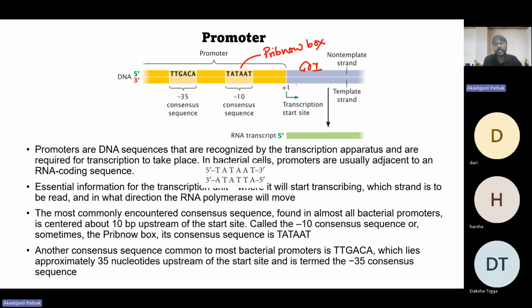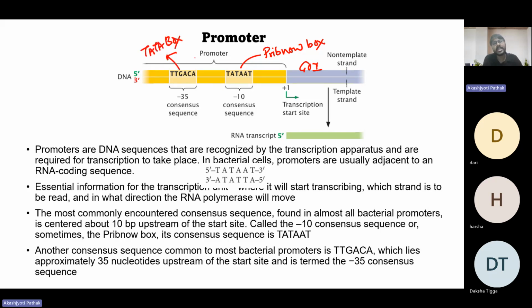So how is this transcriptional unit named? Their nomenclature: the start region is designated as +1, and upstream of the transcription start site, everything is numbered as minus. So upstream it's -1, -2, -3, and so on. In the -10 region you have the Pribnow box, and in the -35 region you have the -35 sequence.